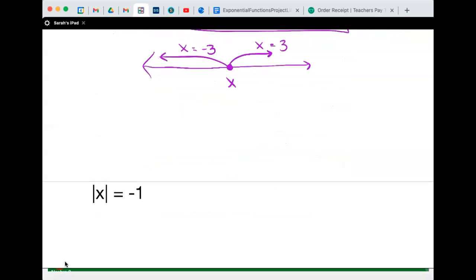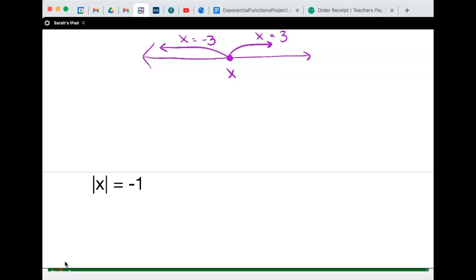Okay, what about this one? Put the 1 inside with the negative outside. Yeah, so technically I can only substitute something inside the absolute value.